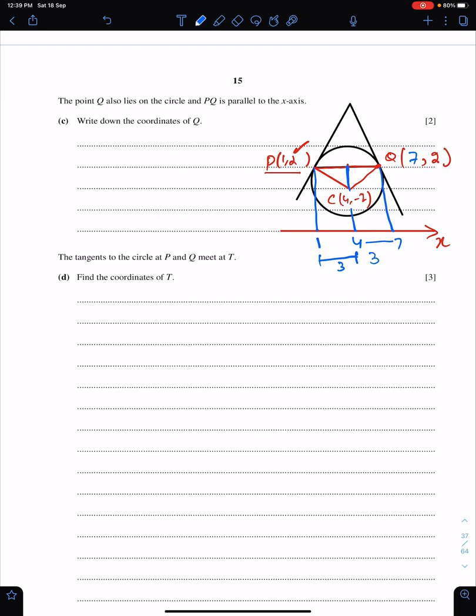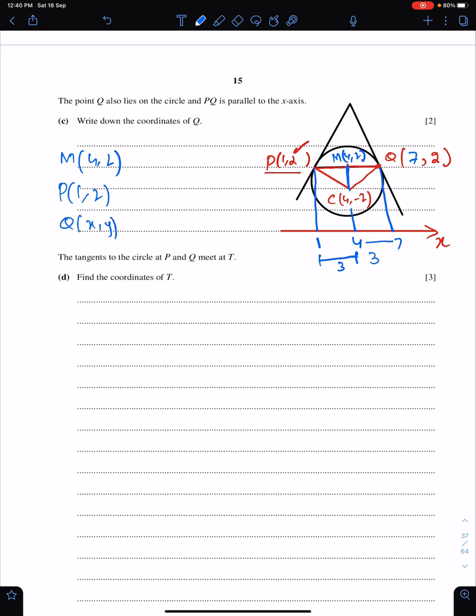Or you can do this in this way. First get the midpoint. Midpoint has coordinates 4, 2, and coordinates of P are 1, 2, coordinates of Q are x, y.